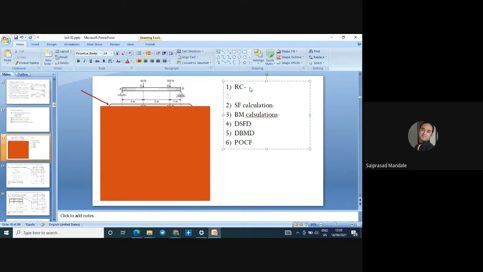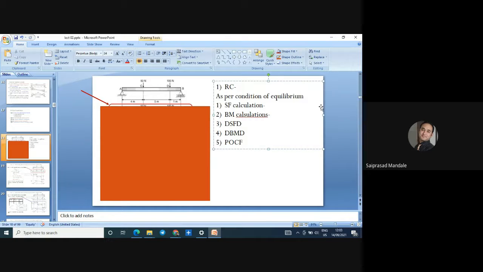Now, step number one is the reaction calculation. How to solve? When there is a reaction calculation, we will write as per the conditions of equilibrium. What are the conditions of equilibrium? What are the different conditions of equilibrium?